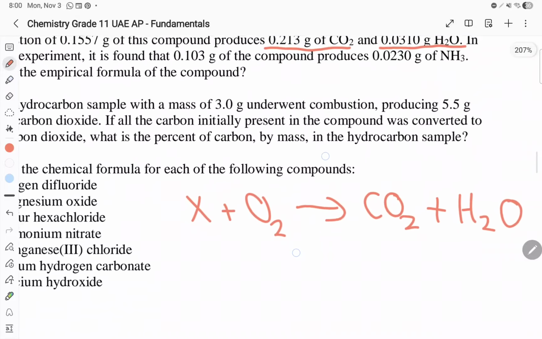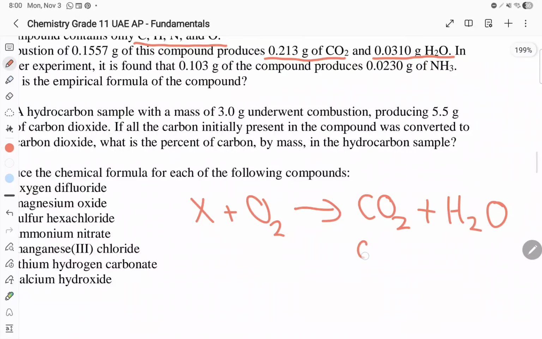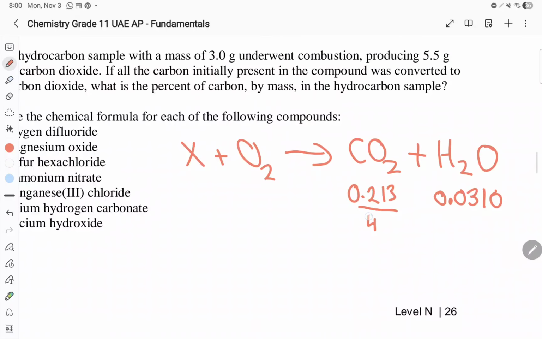Now, when you have the mass of something, can't you find the moles? Because mass over molar mass gives you the moles, right? So divided by 44 here, divided by 18 here. So here you have moles equal to 4.84 times 10 to the power negative 3.